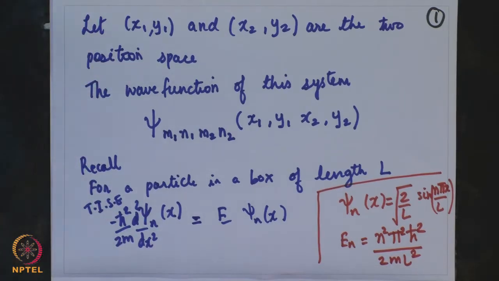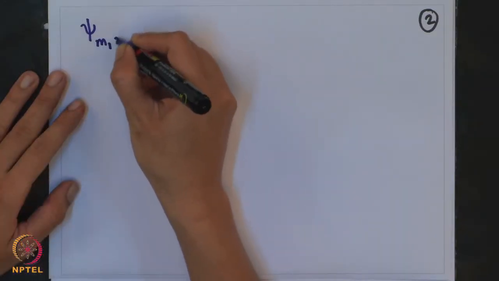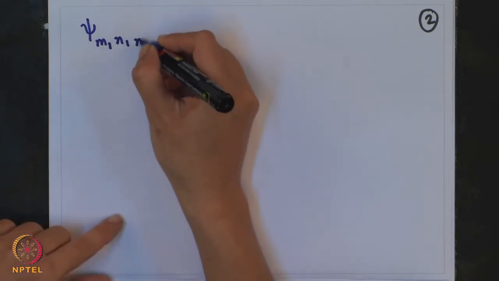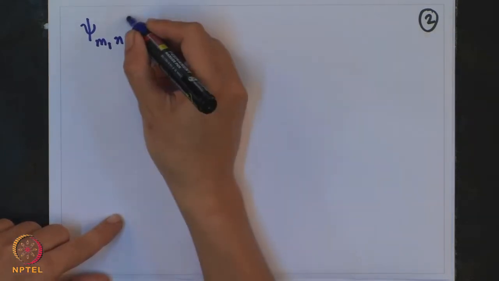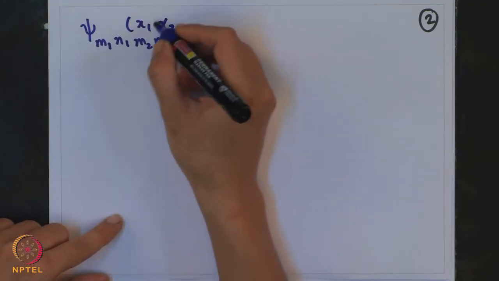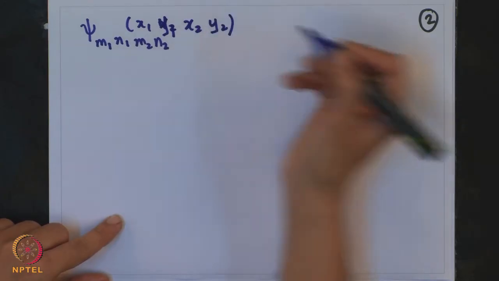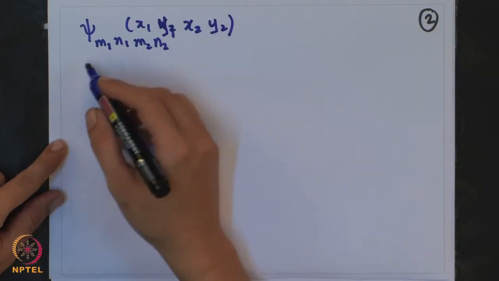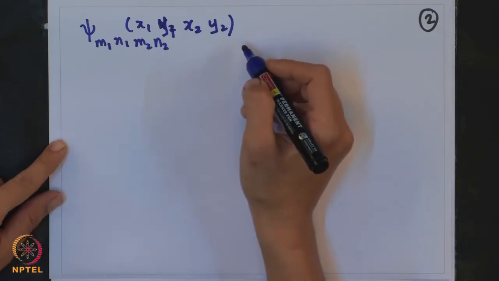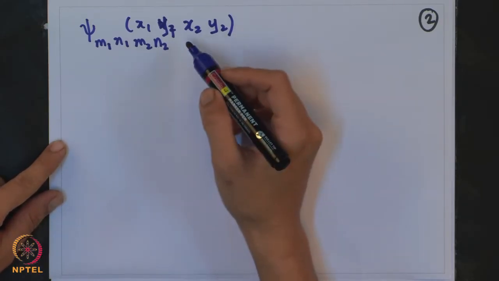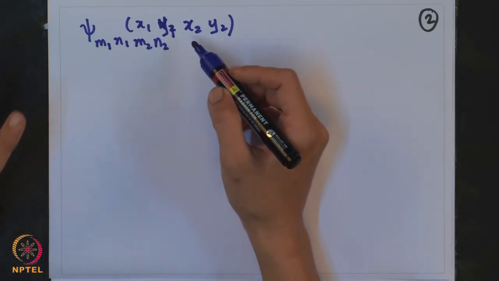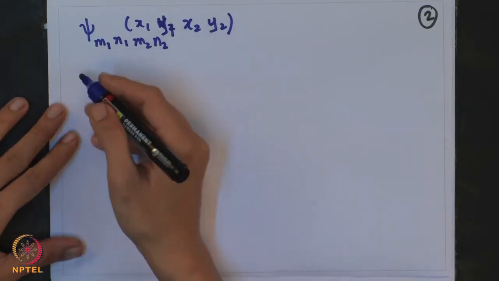So, along the same line, psi m1 n1 m2 n2 of x1 y1 x2 y2 will be the wave function for two particles in a box in 2 dimensions.